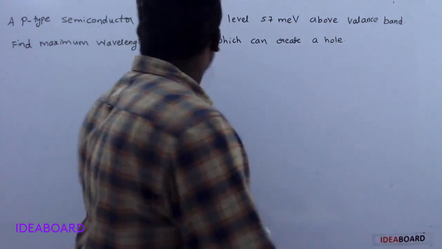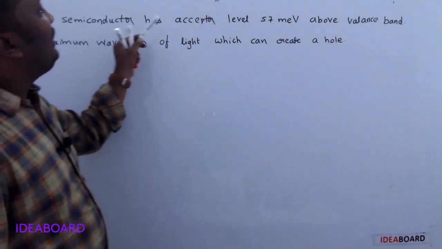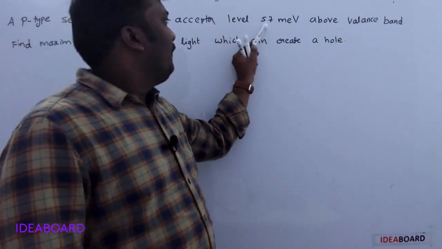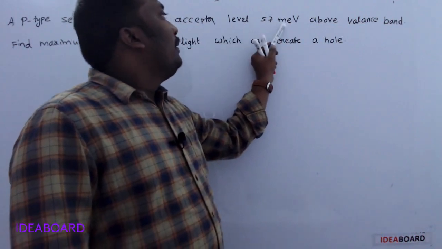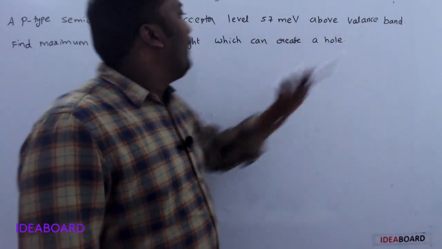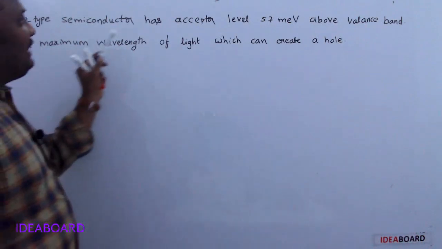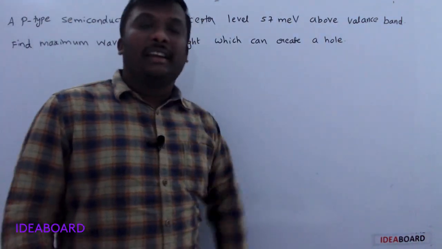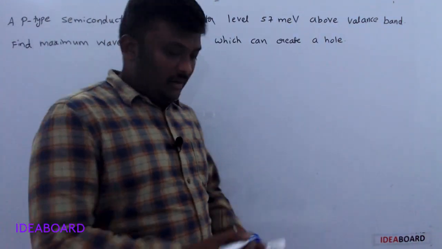The next numerical: a p-type semiconductor has an acceptor level 57 milli electron volt above the valency band. Find the maximum wavelength of light which can create a hole. Okay, let us see.